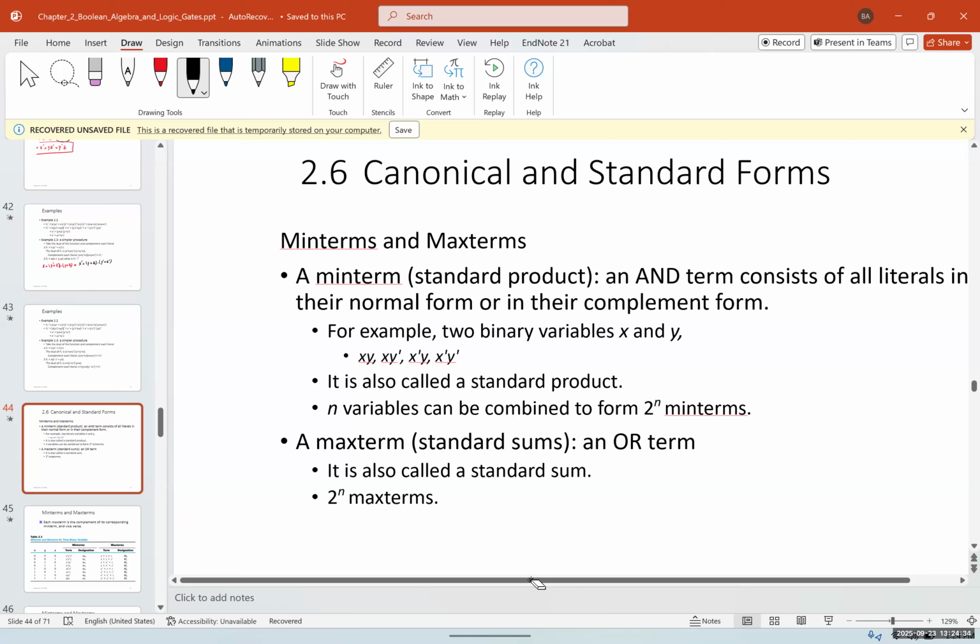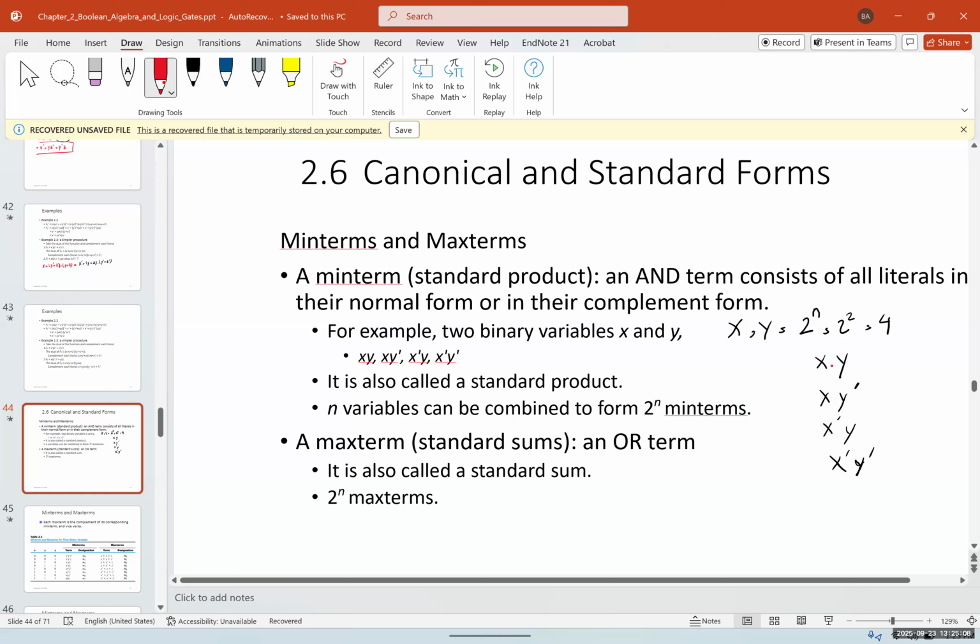So for example, for two binary variables x, y, the minterms are xy, x prime y prime, x prime y, or x y prime. So we have two variables or literals, x and y. Therefore, we're going to have 2 to the power of n, or 2 to the power of 2 combinations, which is 4 combinations. It could be xy, x y prime, x prime y, and x prime y prime.